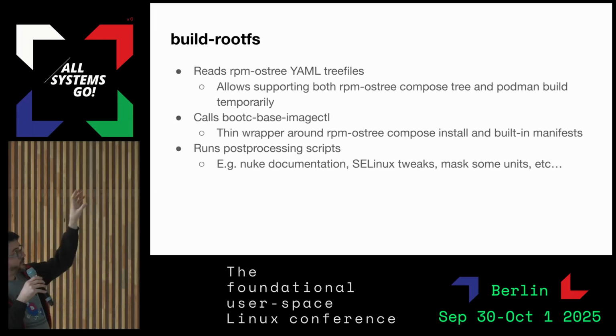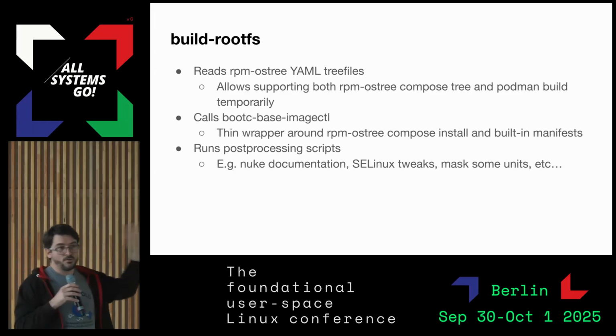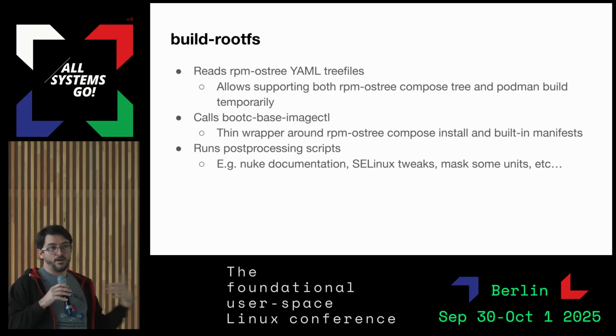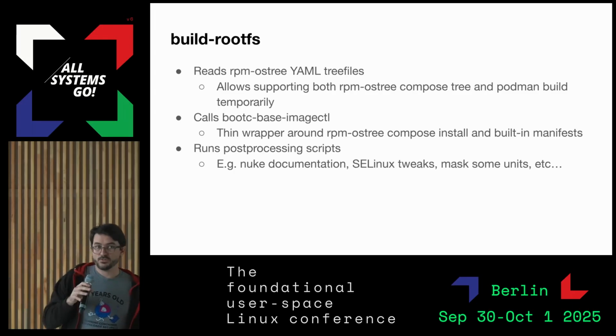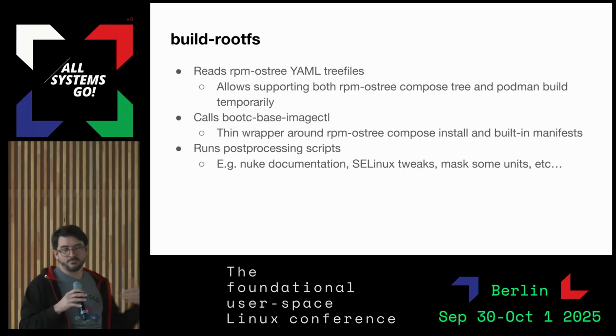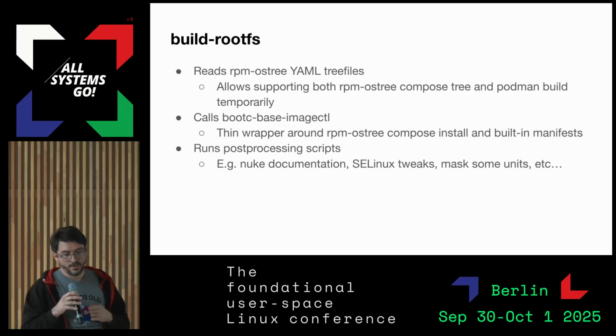So the build step, the step that builds the actual rootfs, looks at declarative files. It looks at RPM-ostree YAML files. What we used before we were doing that is what we used to declare what packages we're adding into our images. And we're still using that, but it's a little bit hidden here, and eventually we might move away from that.